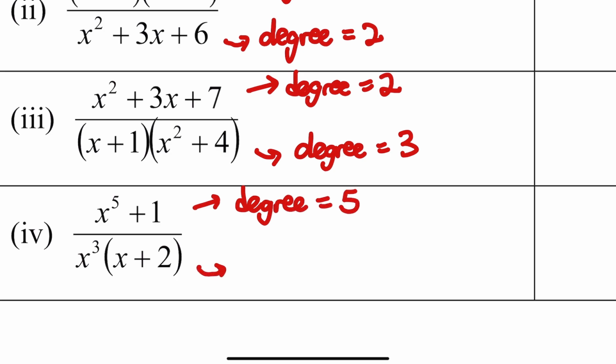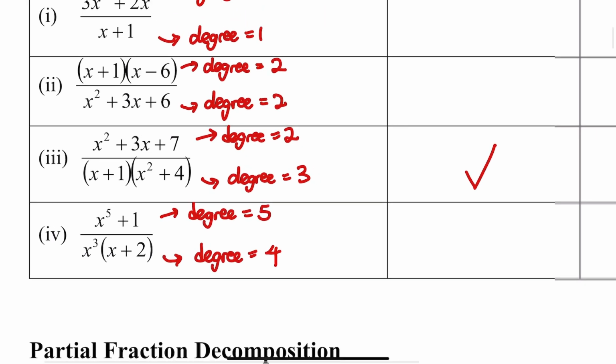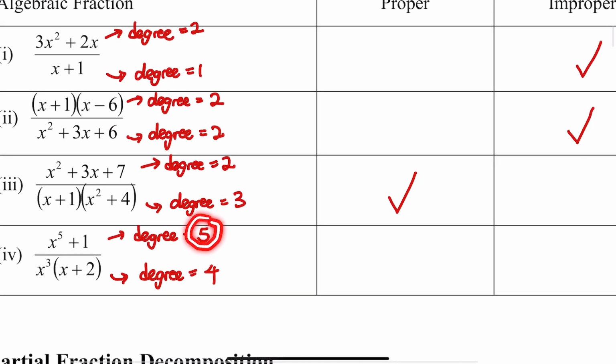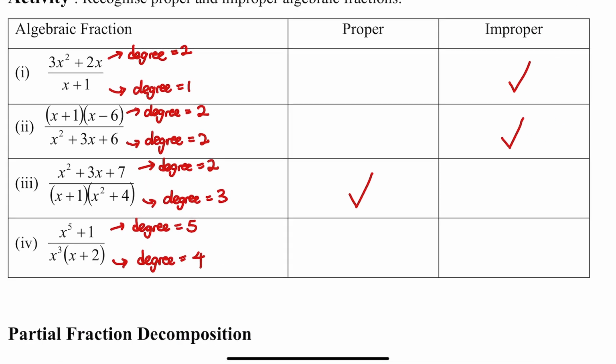For the denominator, if I were to expand out, I will get x to the power 4 plus 2x cubed. The highest power of x is 4. So the degree of the denominator here is equal to 4. I analyze again. The degree of my numerator is more than the degree of the denominator. Therefore, it is not a proper fraction. This is an improper fraction.